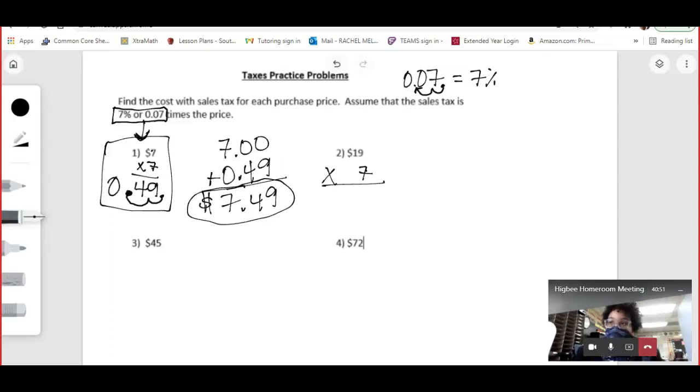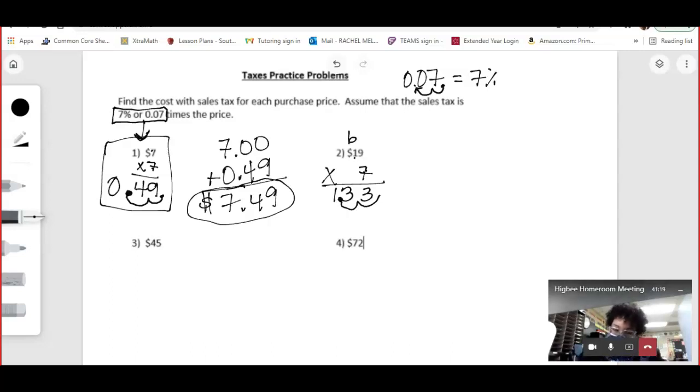What's 7 times 9, everybody? 63. Very good. What's 7 times 1? 7, plus 6 is 13, excellent. Now what do I do? Place your decimal. How many places over? 2. So my sales tax is $1.33.